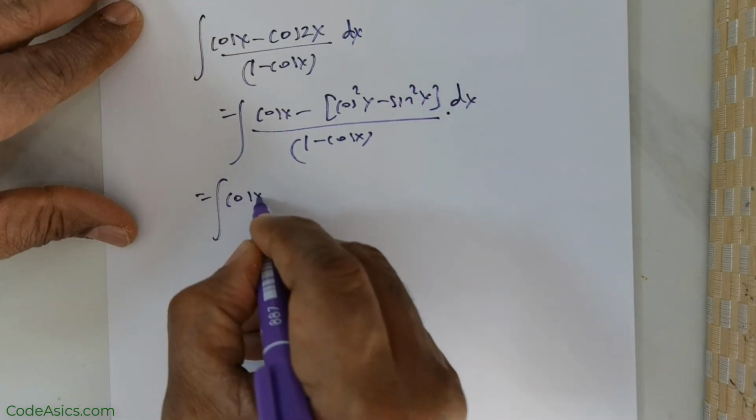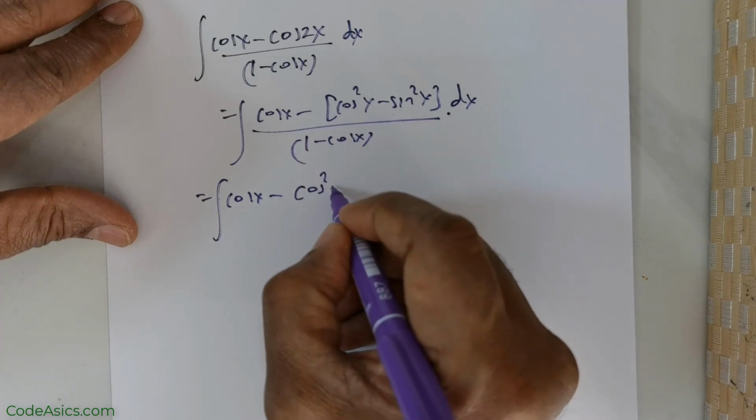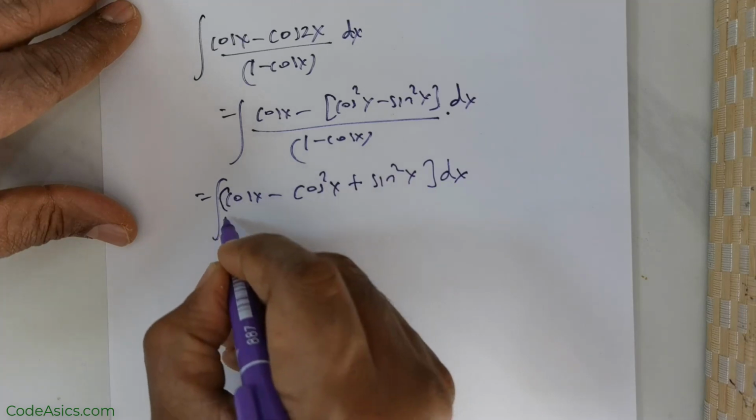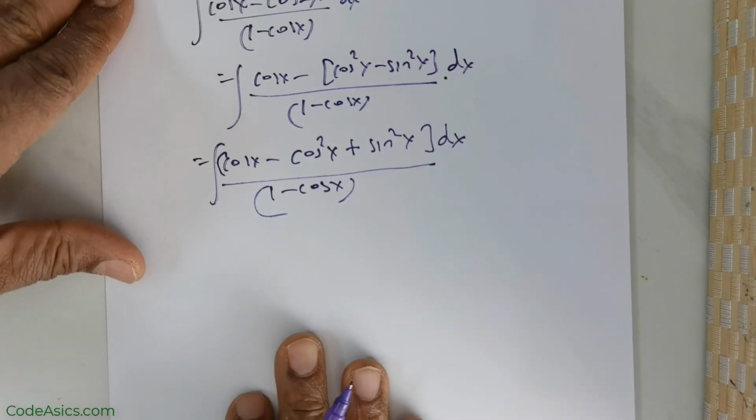Now I'm going to distribute the negative sign, so it's going to be cos squared x plus sin squared x times dx divided by 1 minus cos x.